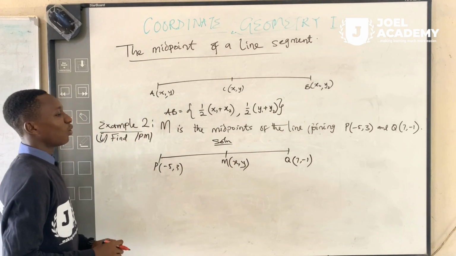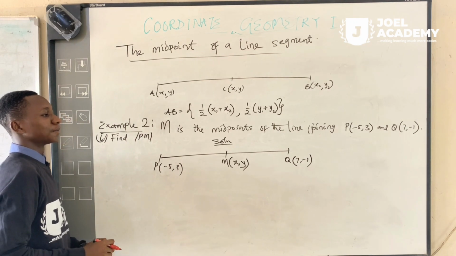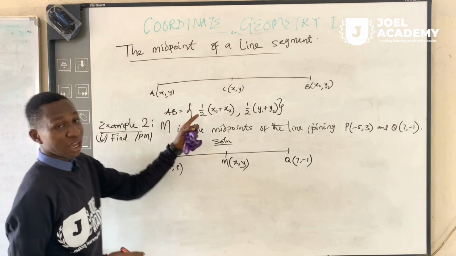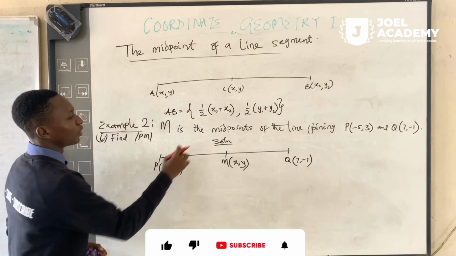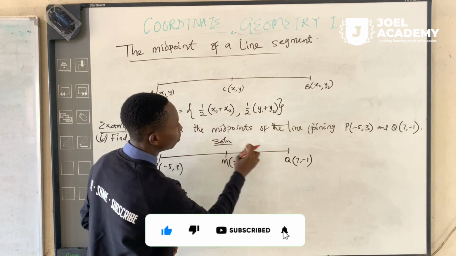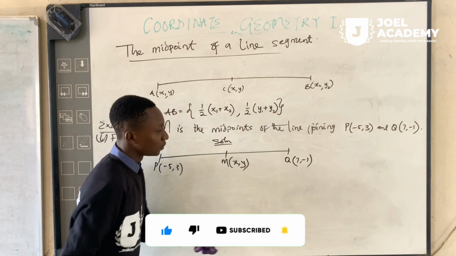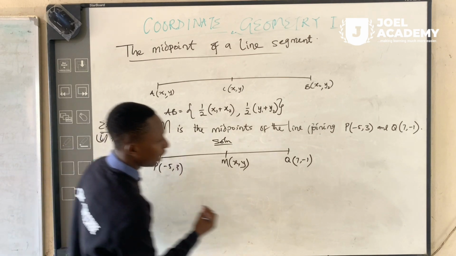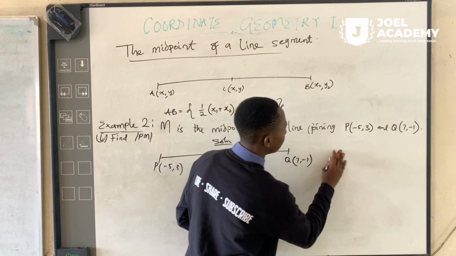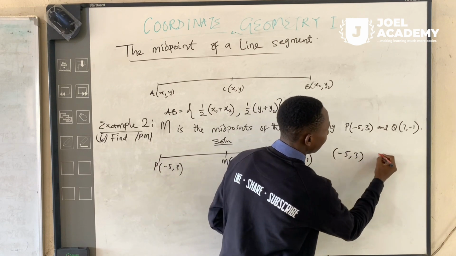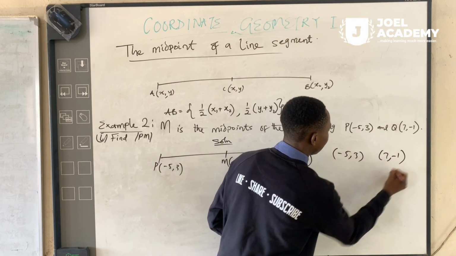All right, so we're going to be finding this midpoint using our formula. We're going to be substituting our x1, x2, y1, y2 into this formula. Like I said, we have to just bring them out and label them. That is minus 5, 3 and 7, minus 1.